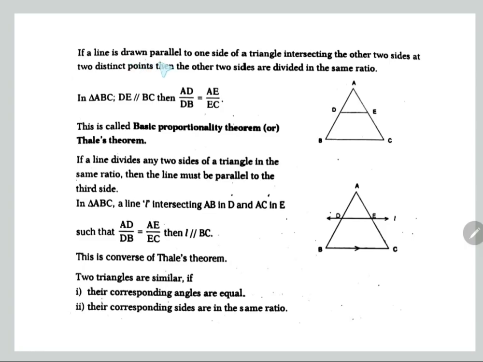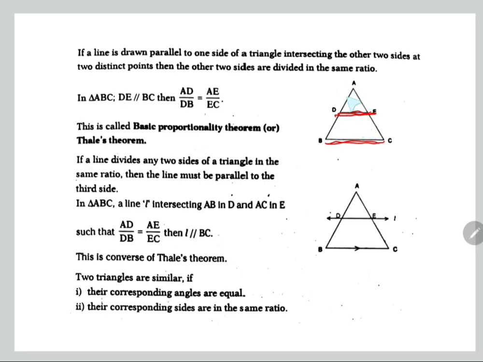If a line is drawn parallel to one side of a triangle intersecting the other two sides at two distinct points, then the other two sides are divided in the same ratio. That means if you draw a line parallel to BC, a line DE is drawn parallel to BC.